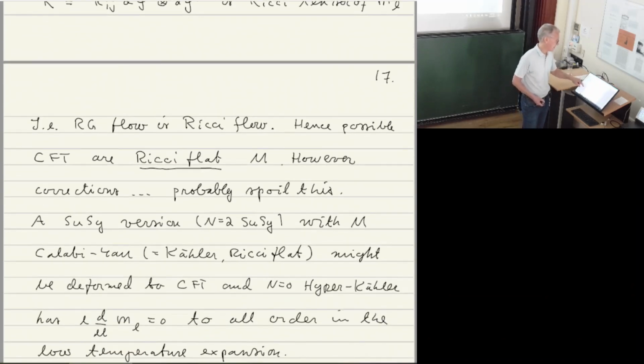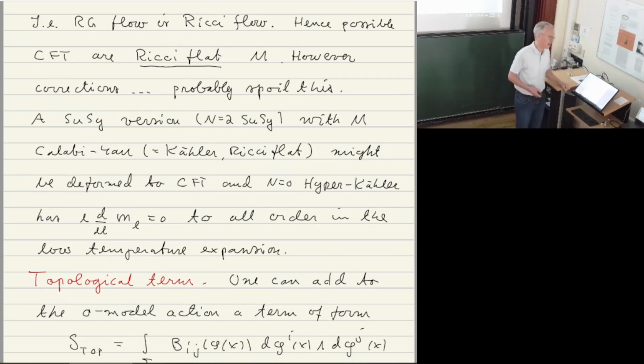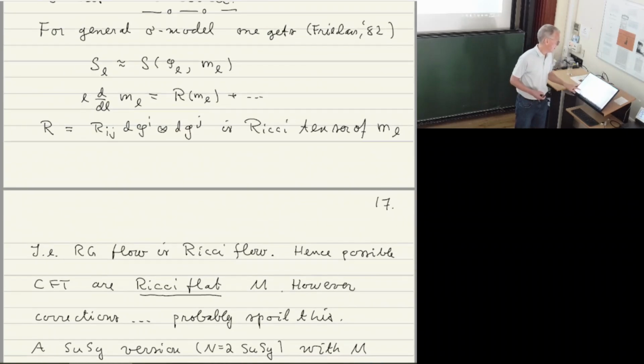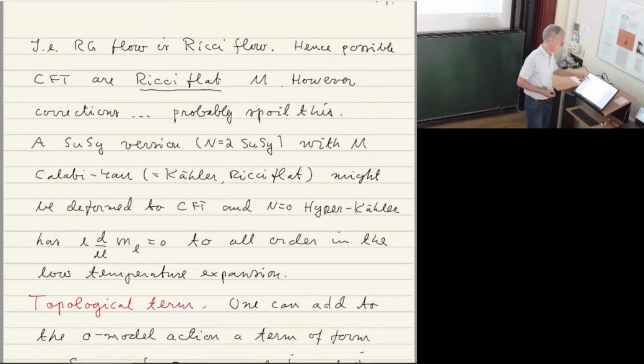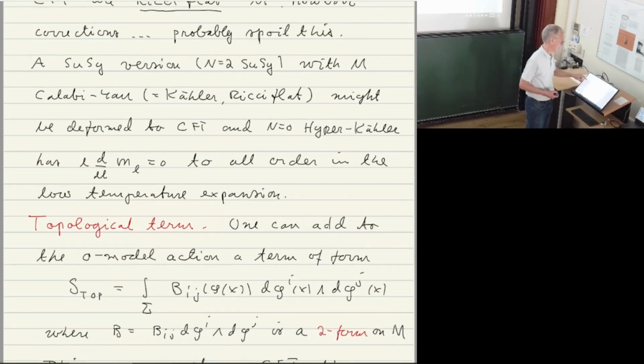And so that makes you believe that if your target manifold is Ricci flat, then you might have a chance to produce a conformal field theory, because at least in the leading order it doesn't seem to change. Unfortunately, that's not really true. The higher order corrections spoil this.